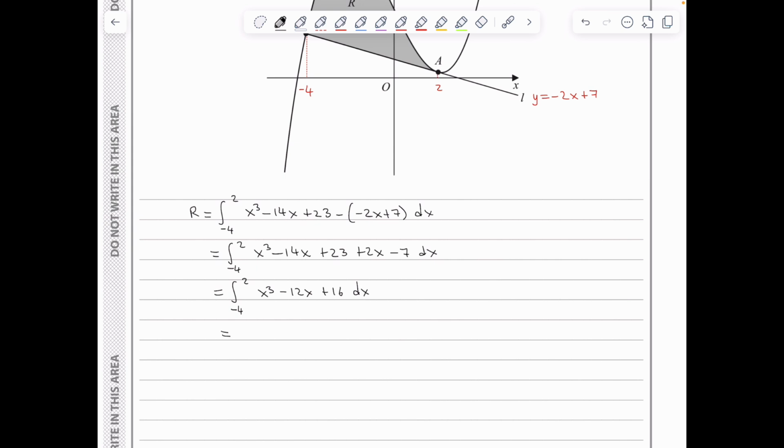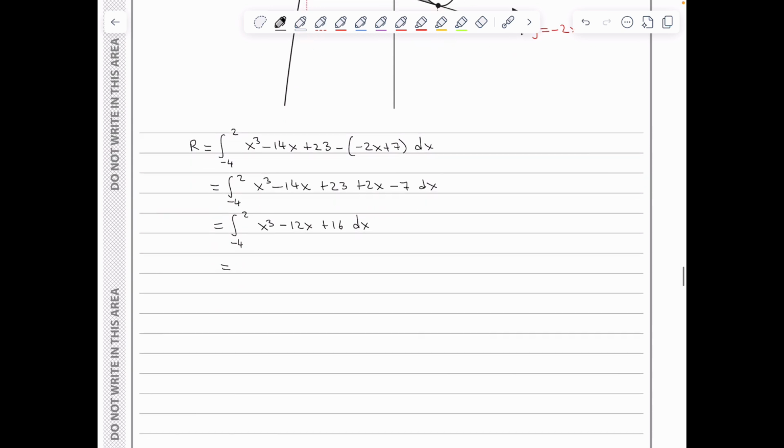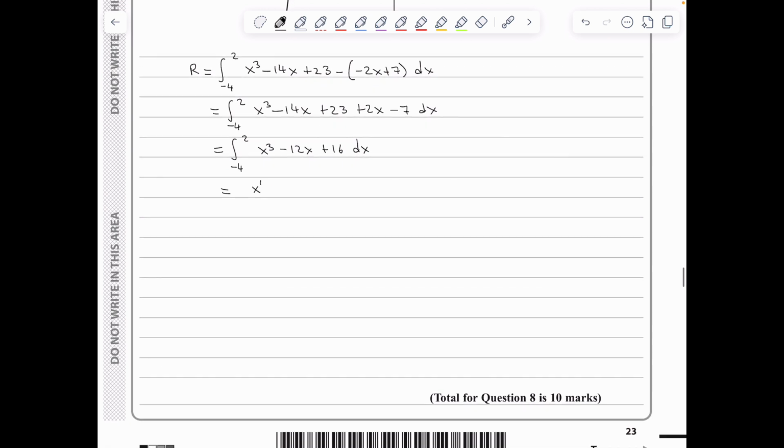Well, we know that in integration we increase the power by 1 and we divide by the new power. So we're looking at x to the power of 4 over 4 minus 12x squared over 2 plus 16x.